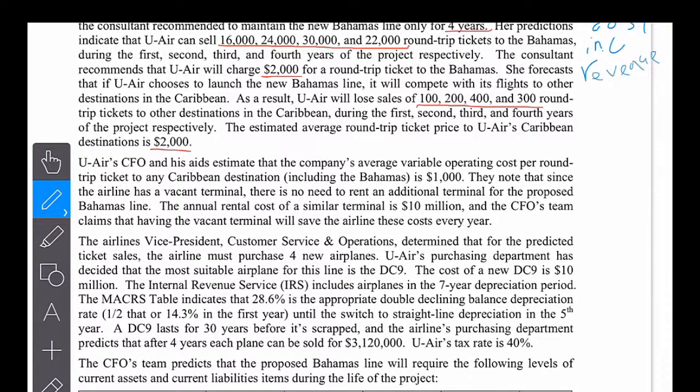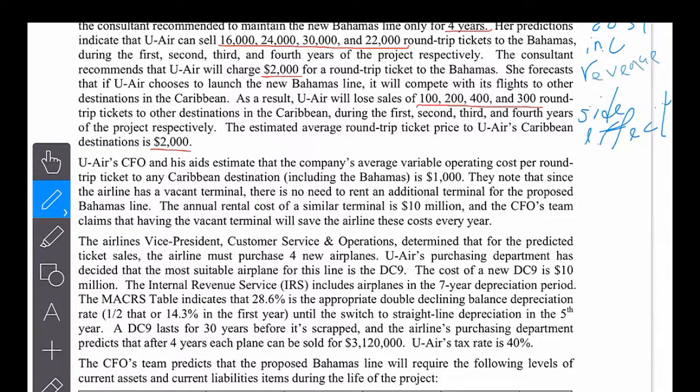They are cash flows. And we refer to them as incremental because they're a result of taking on the project. We are going to lose tickets because people will go to Bahamas instead. So that's what they're estimating. But there's a special name for this phenomenon. This is called a side effect of the project. It's a negative side effect. You can have positive side effects. This is a negative.